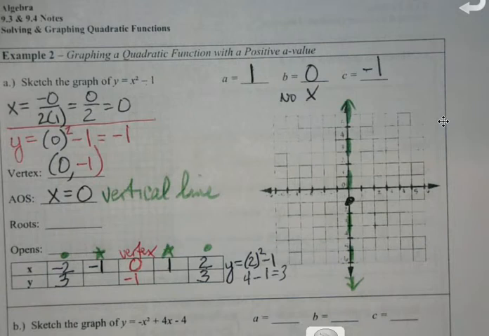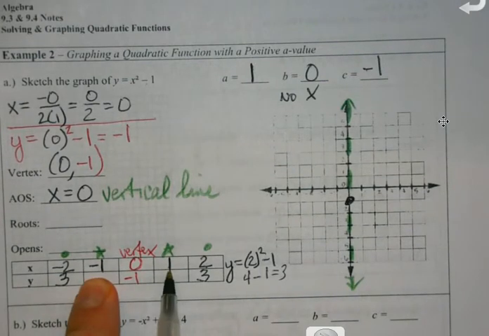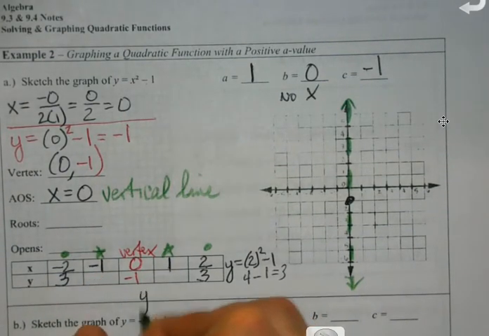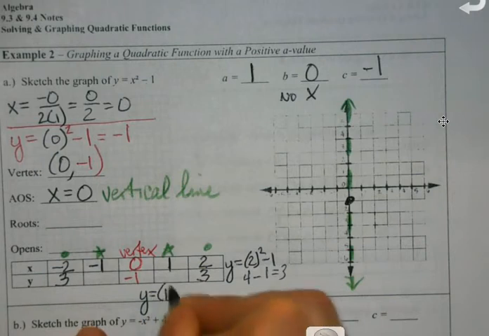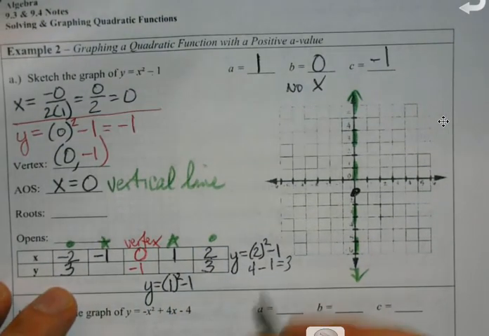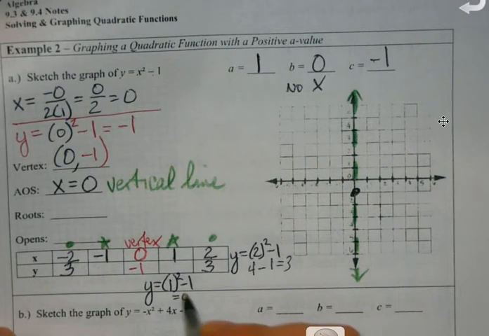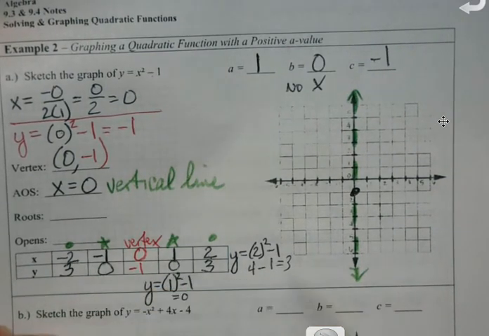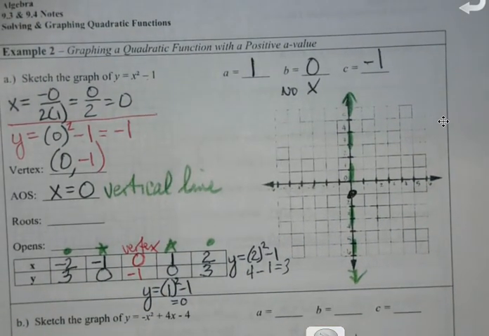Because negative 2 squared would be 4, minus 1 is 3. So if you're looking for a shortcut so you don't have to do as much work, that's something you can do. And then I can pick either one of these to plug in. I like positive numbers, so I'm going to do 1. So it'd be y equals 1 squared minus 1. Well, 1 minus 1 is 0, which means both of these will be 0. Okay, it won't change.